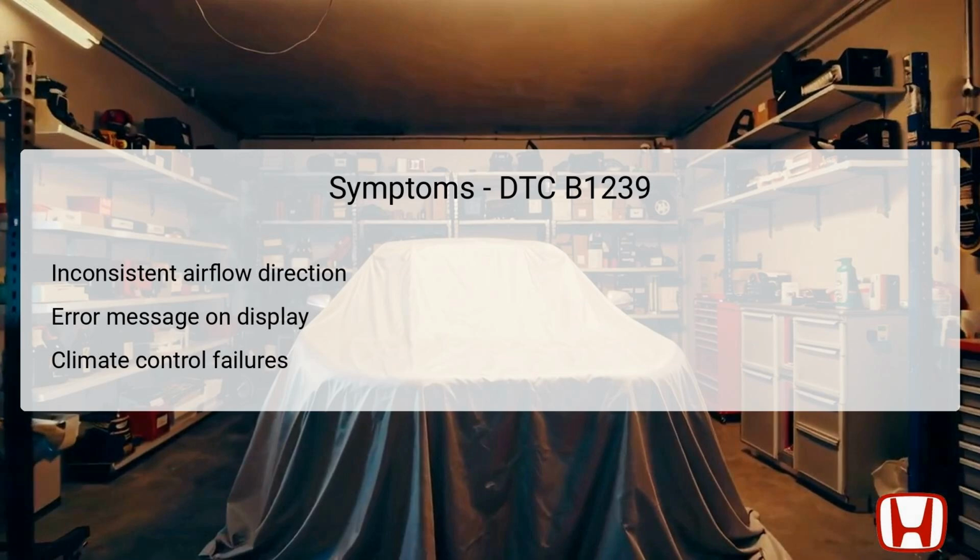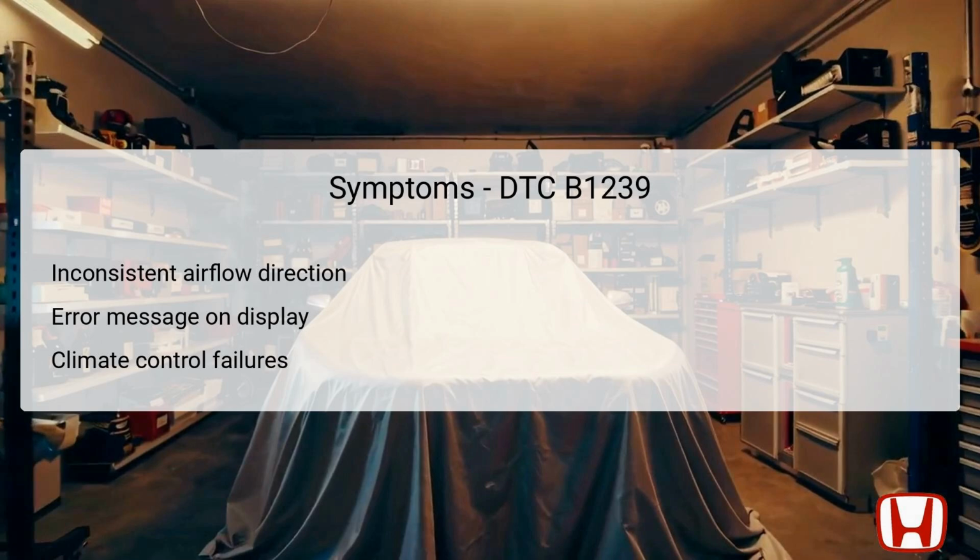Drivers may experience multiple symptoms when dealing with DTC B1239. One notable indicator is inconsistent airflow direction, where the system fails to direct air properly from the selected vents. This can lead to discomfort, as climate control settings may not effectively cool or heat the cabin as intended.